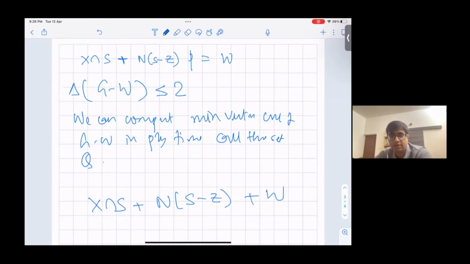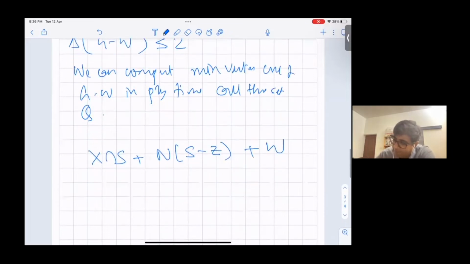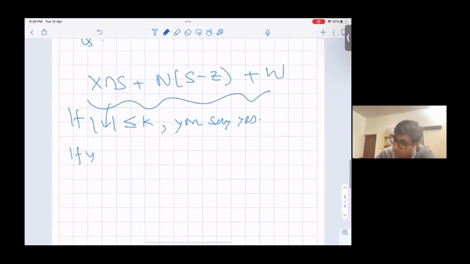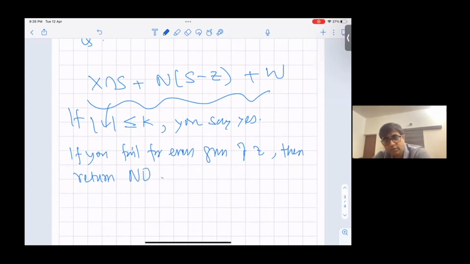Clearly this is a vertex cover, and if this size is at most k, you say yes. And if you fail for every guess of Z, then return no. Is that fine?